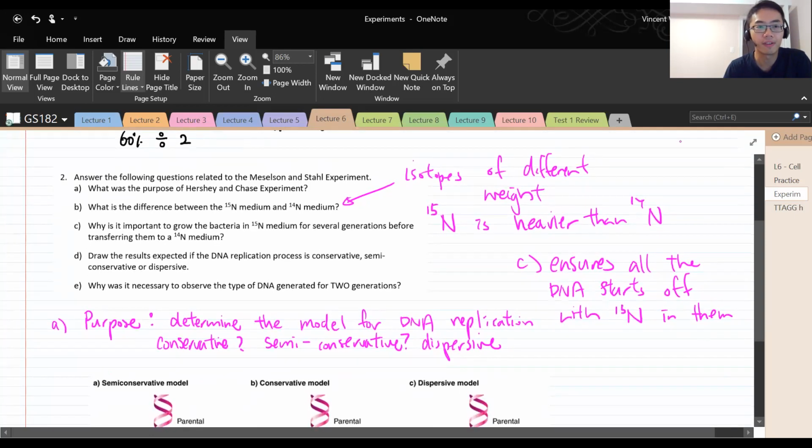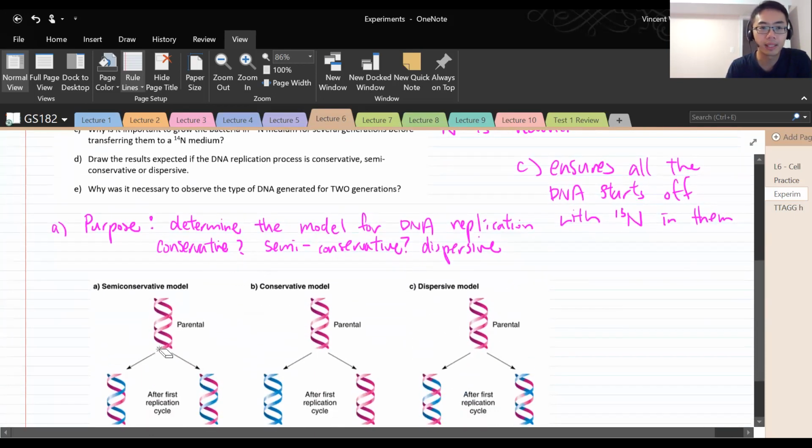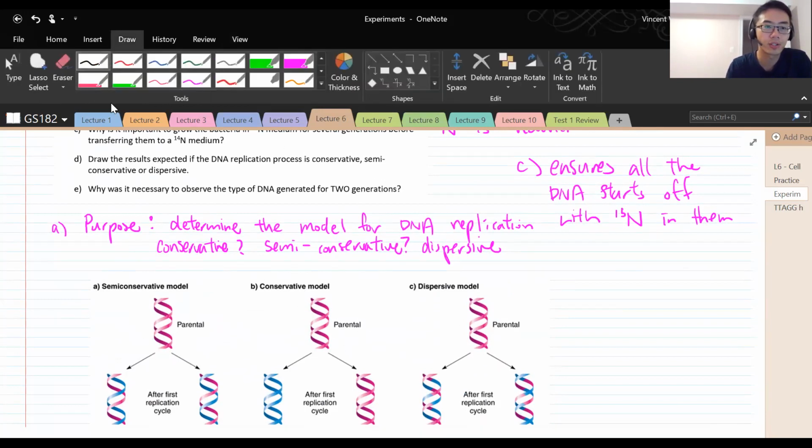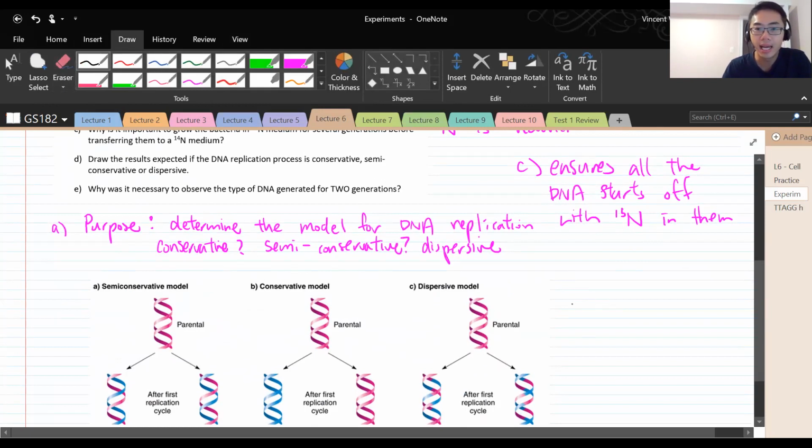If I go back to this diagram, if these are E. coli that I've been growing in N15 for several generations, then all this DNA will have the heavy version of the nitrogen. If I extract the DNA, put it in a test tube and spin it down with a centrifuge, because the N15 is heavy, it will sink to the bottom.